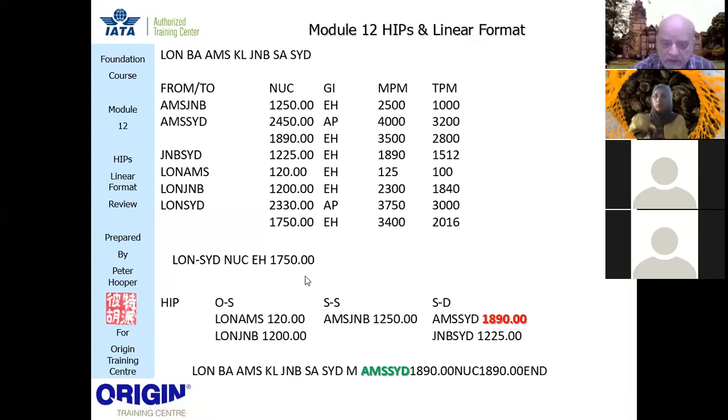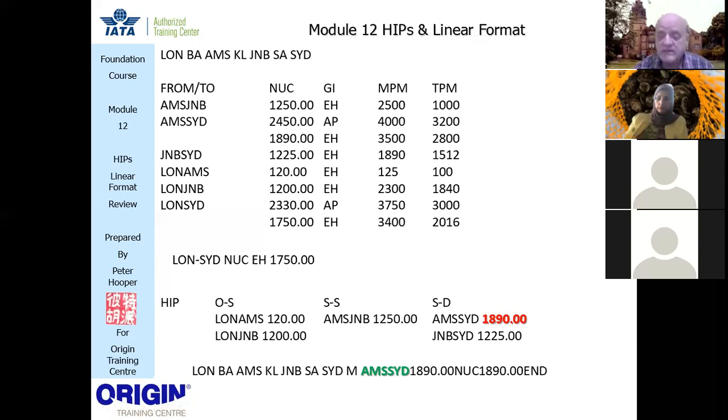Is 1750. Right. So we have to be careful here. The base fare is the fare origin to destination, London to Sydney. This is not the base fare. The fare we're charging now, 1890, is not the fare origin destination.